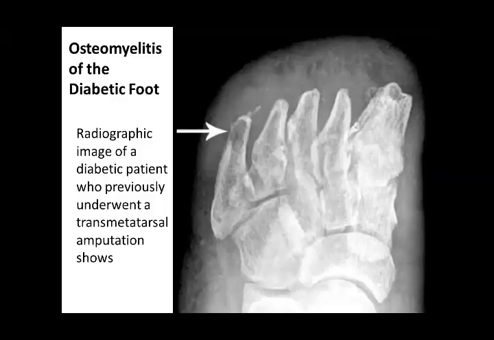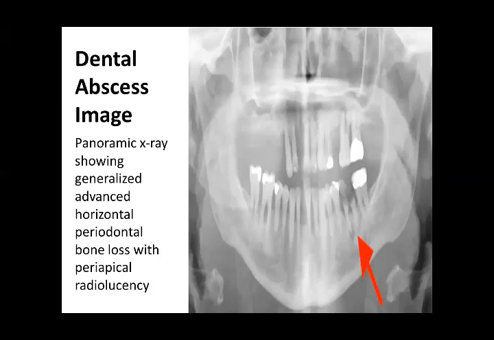A diabetic patient who previously underwent a transmetatarsal amputation shows infection. These are other dental images of abscess. Generalized advanced horizontal periodontal bone loss. Can you see that radiolucent area below the root, with very apical radiolucency?